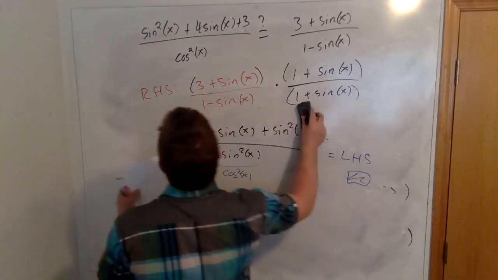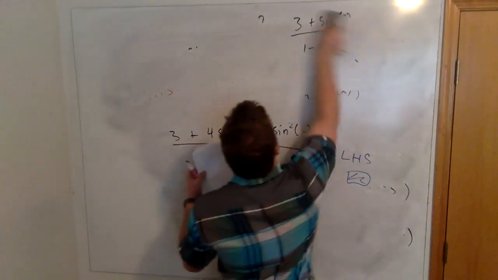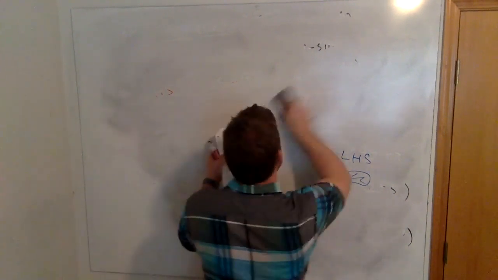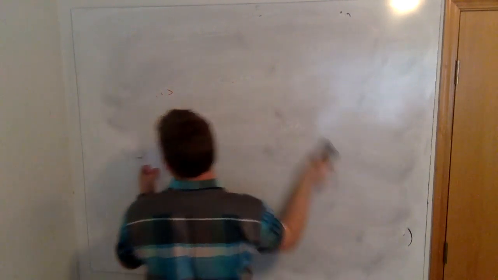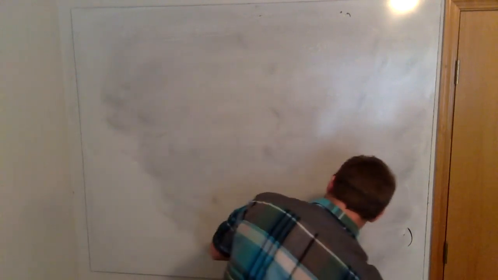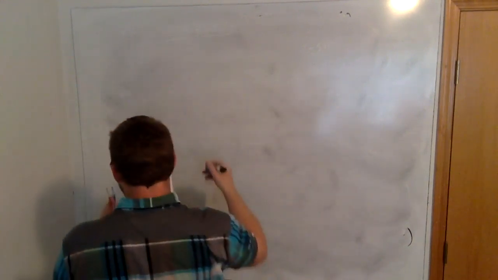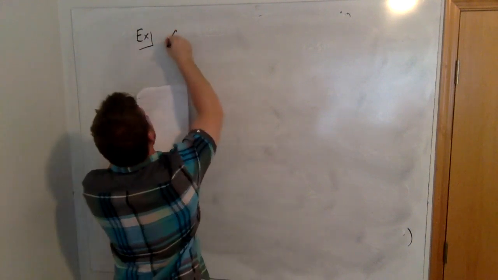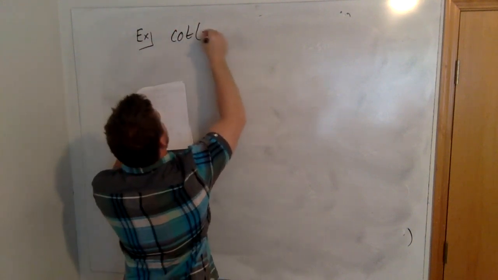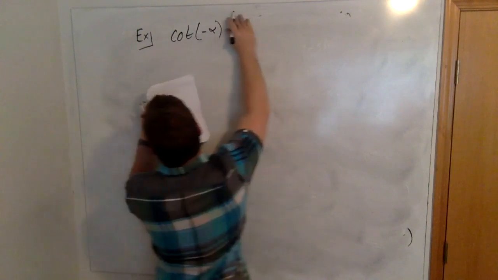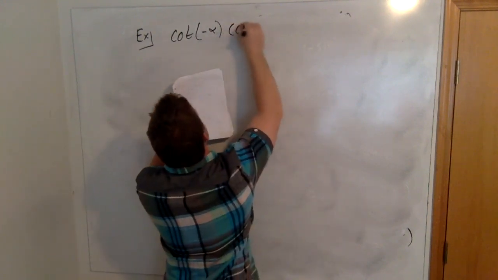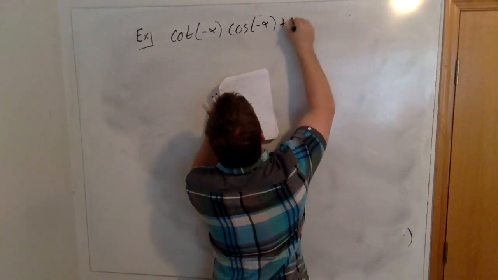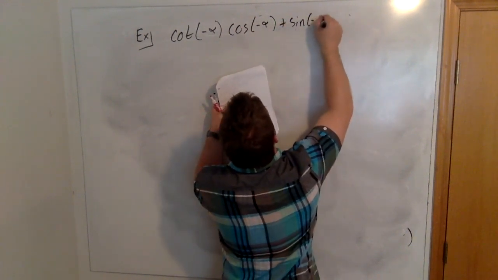Okay, here's a couple more good examples. Let's say it's another example. Let's say we have the cotangent of negative alpha times the cosine of negative alpha plus the sine of negative alpha.